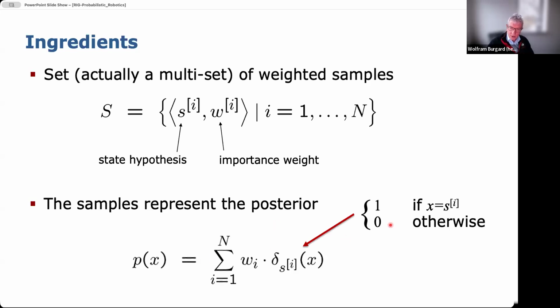So this is just a direct function over here that is 1 if x equals the state of the hypothesis and 0 otherwise. If all the importance weights are identical, then we have just a height of w_i there.